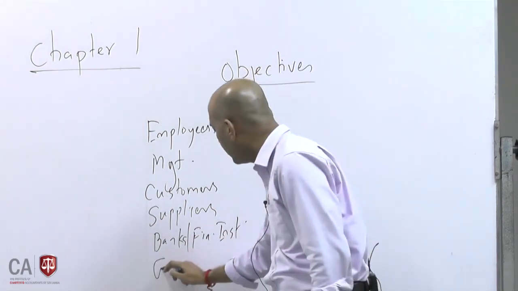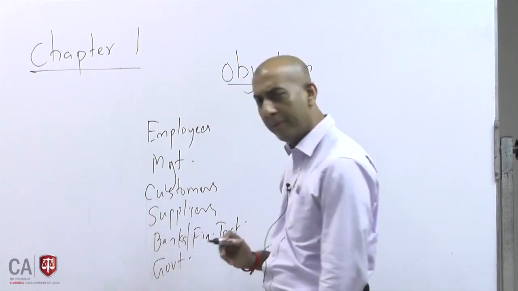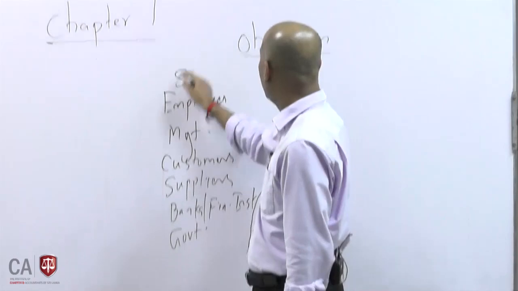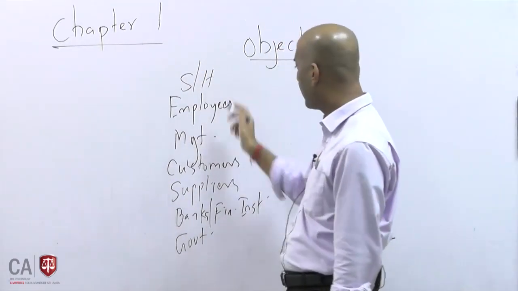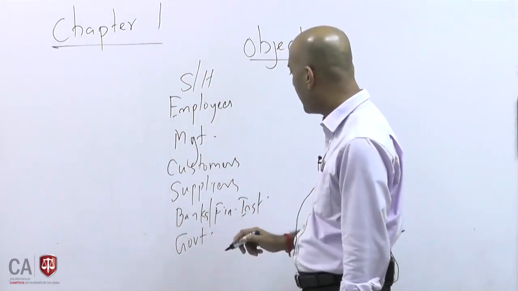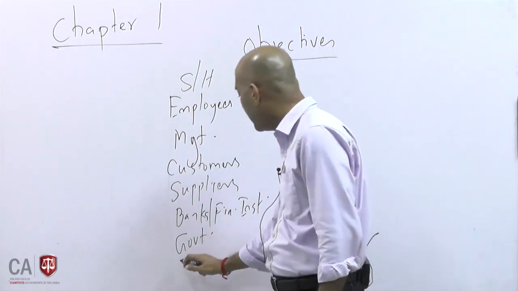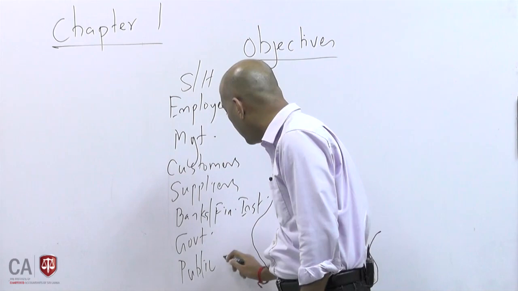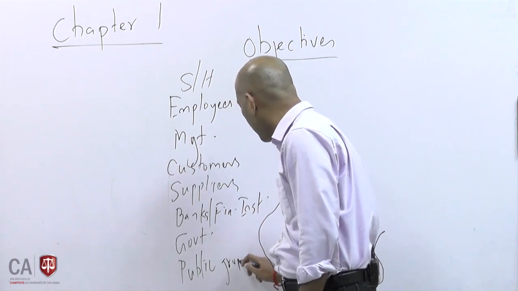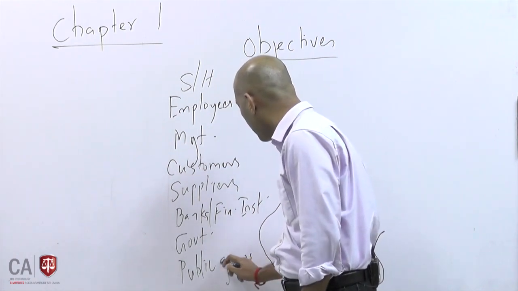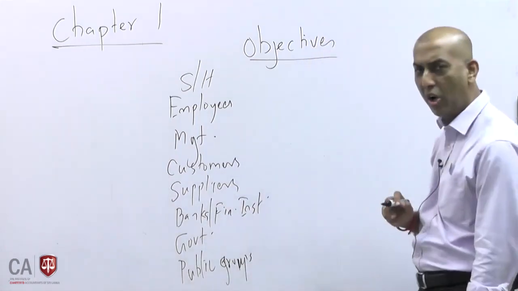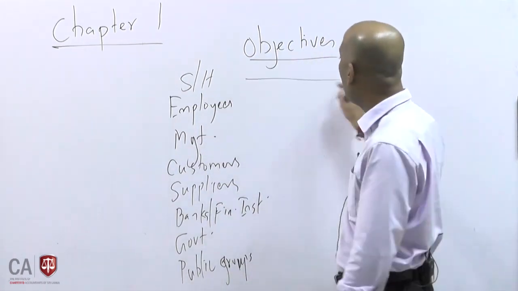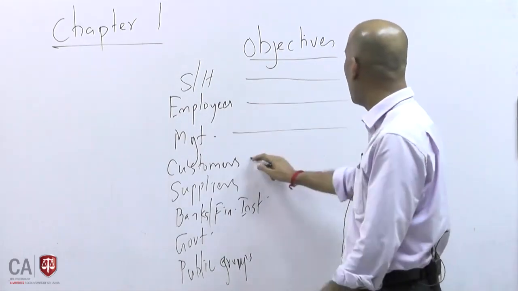Then you might see there is a stakeholder called government. Then I have shareholders we discussed earlier, the primary objective, but shareholders are also a main stakeholder. Then the government. Then you might have public groups. When I say public groups, they are the public interested people, the environmentally friendly people, all that are public groups. So you can see these all are stakeholders.